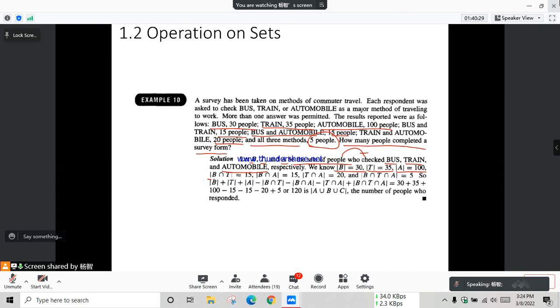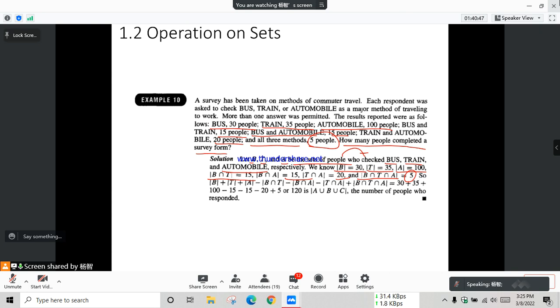And the cardinality of the intersections of B and T is 12, B and A is 15, T and A is 20, and 5 people take bus and train and also drive a car.